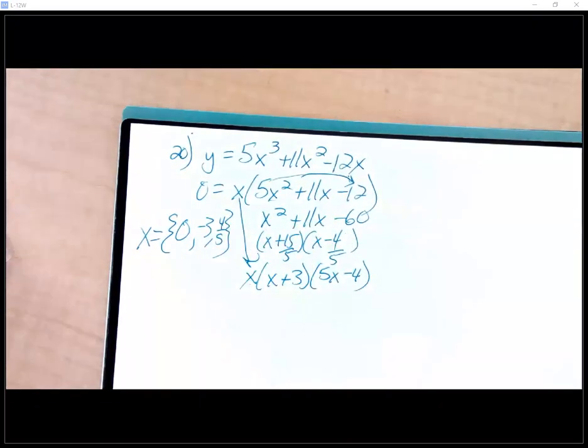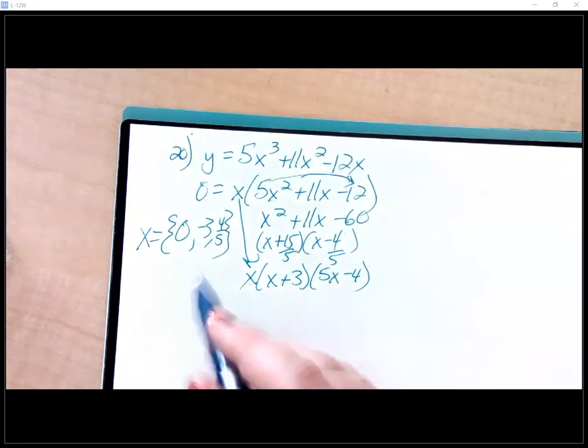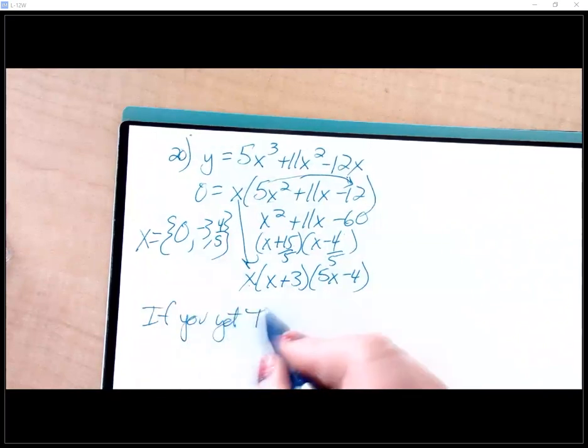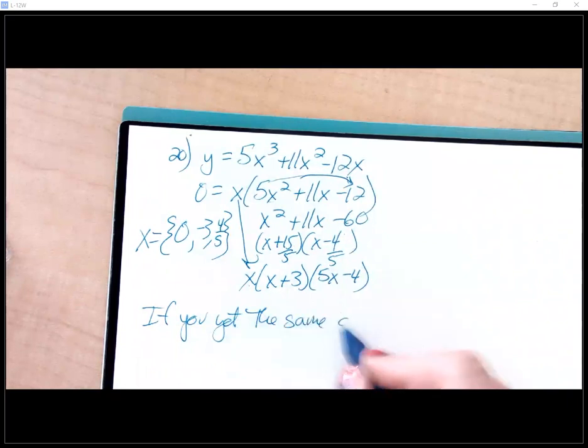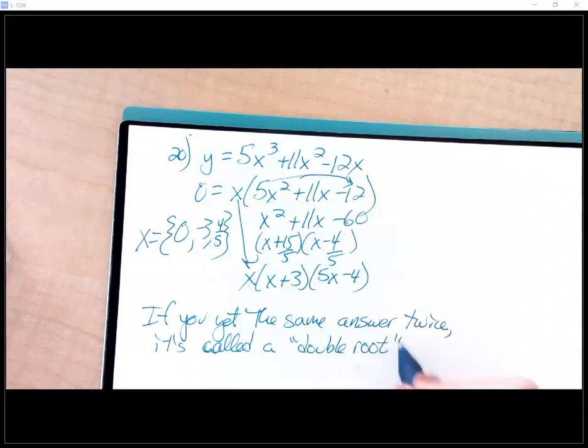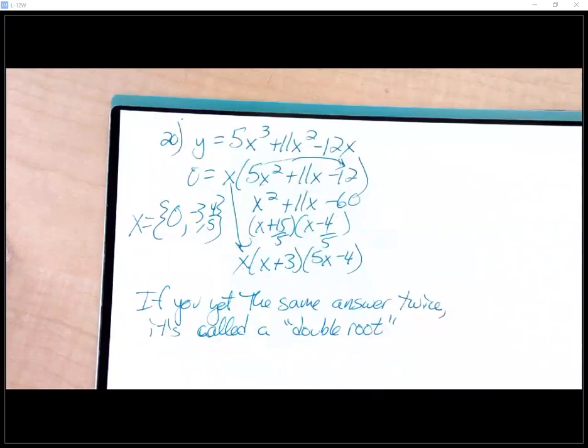I picked the wrong example because the example I did with them had this thing that pops up. But I just want to tell you, if you get the same answer twice, which can totally happen, it's called the double root. You could get the same answer 3 times, 4 times, 5 times.